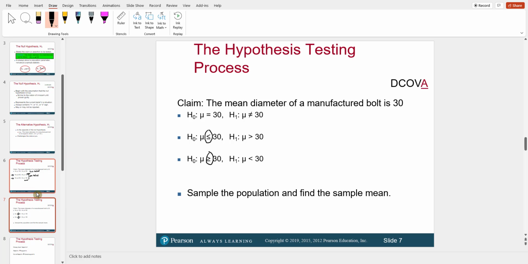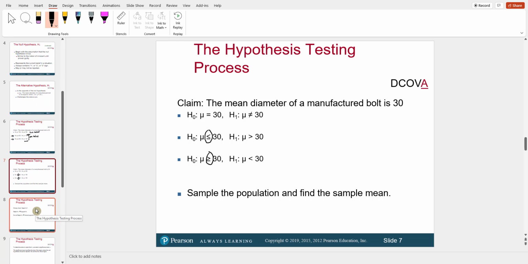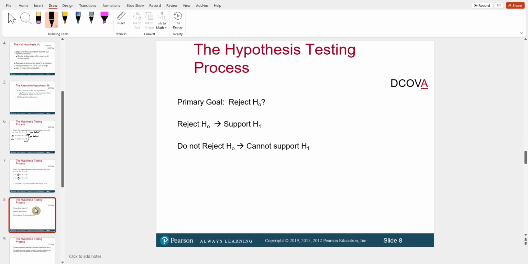So once you set up your hypothesis, you're going to sample the population and find the sample mean. So the goal is to see whether or not you should reject the null hypothesis. If you reject the null hypothesis, that means you have sufficient evidence to support the alternative hypothesis. If you do not reject the null hypothesis, you do not have sufficient evidence to support the alternative hypothesis.